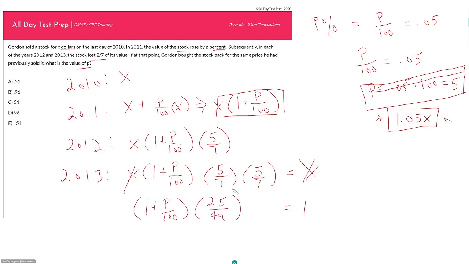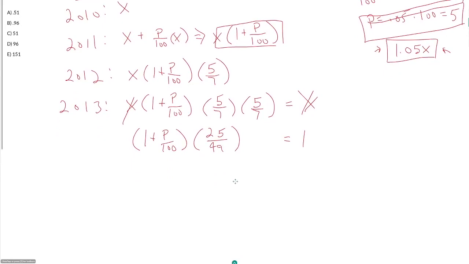And so now I'm just going to slowly move everything other than P over to the right side in order to get P by itself. And so I'll multiply each side by 49 over 25 to get rid of this fraction. So I'm left with 1 plus P over 100 is equal to 49 over 25.